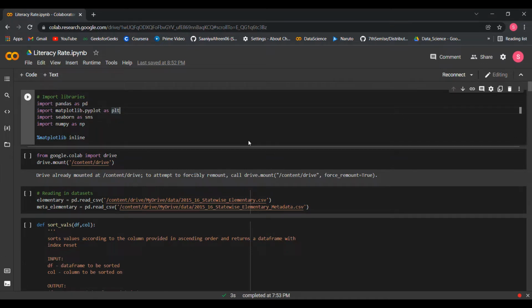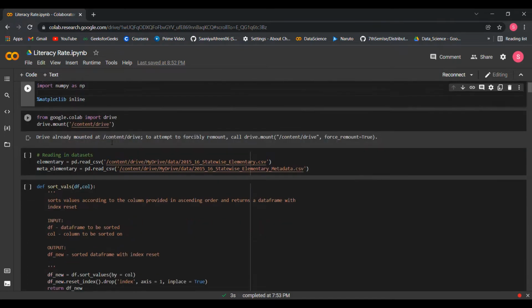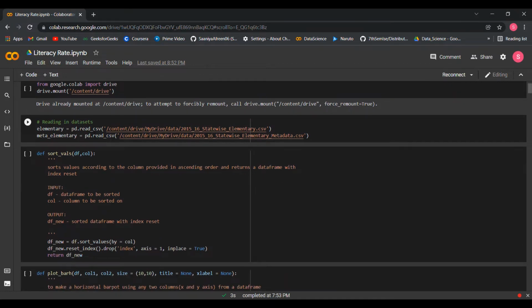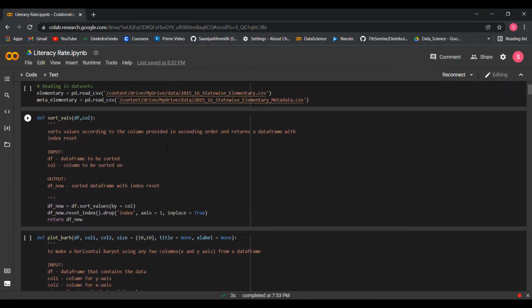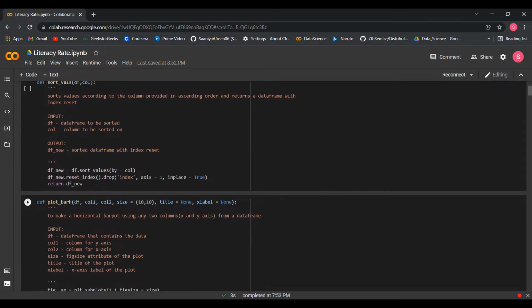So basically, we have tried to import the libraries, that is pandas, matplotlib, seaborn, and numpy. Then we have mounted the drive and extracted the data. We have read the data from the drive, and later on we have declared a few functions which have been used in the further study.